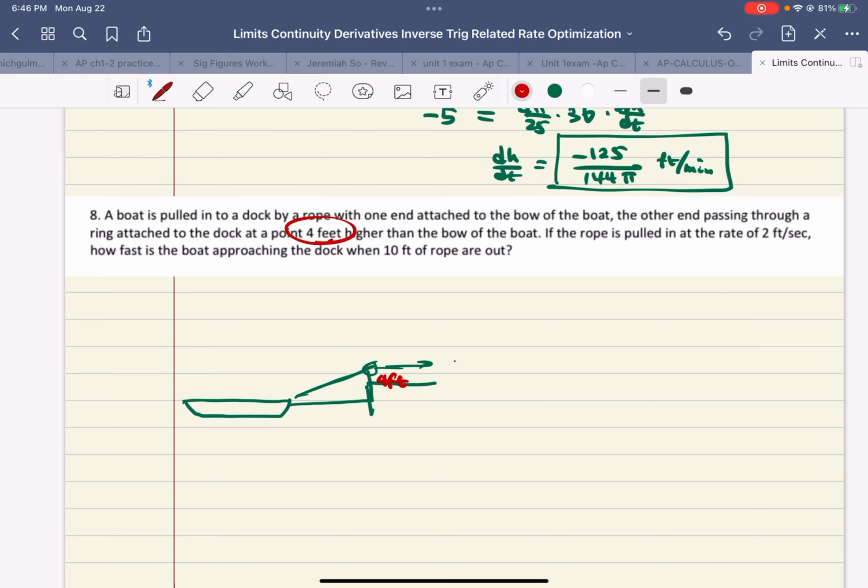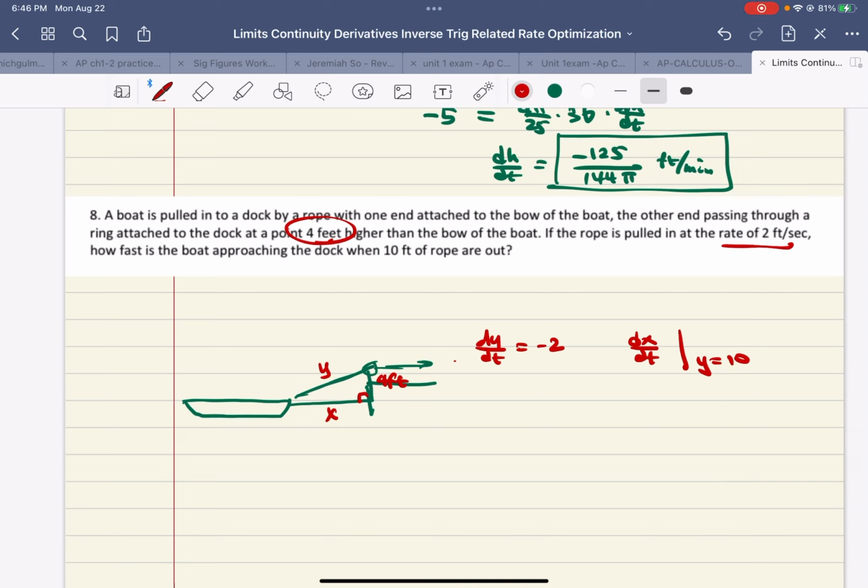And then the rope pulls out. So let's call this x and y here. So dy/dt is -2 because the rope is pulled in at -2. Now the question is, what is dx/dt when y is 10 feet? Okay, that's the question.